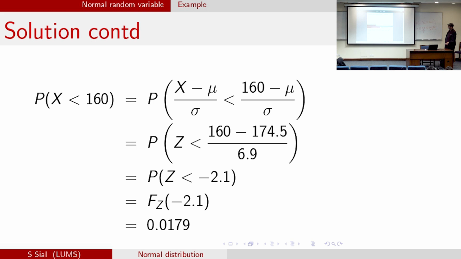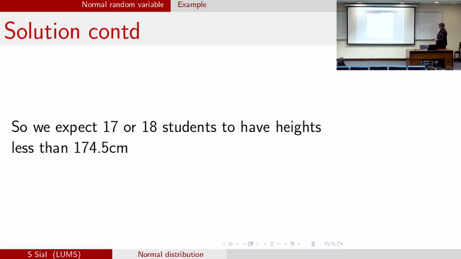So we find our handy dandy calculator or a table, and this is the number that we get. Okay, so if this is the probability that students have a height less than 160, then out of 1,000 students, we expect 17 or 18 students.